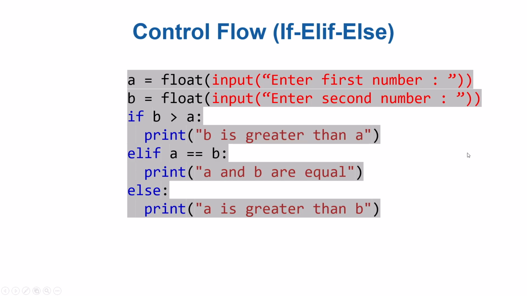For example, in this particular example, if B is larger than A, then you land in this part. Else if, this "else if" is just a short form of else. Else means B is not greater than A. Else, you can have another check: else if A is equal to B, then do what?